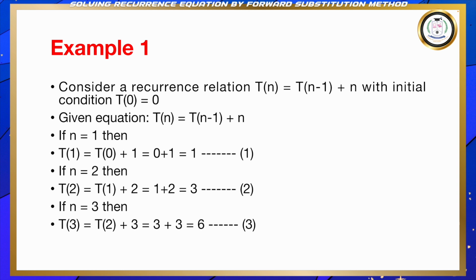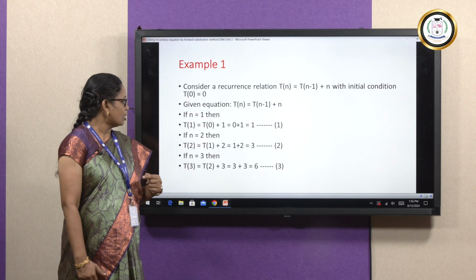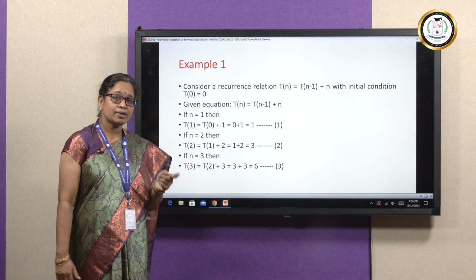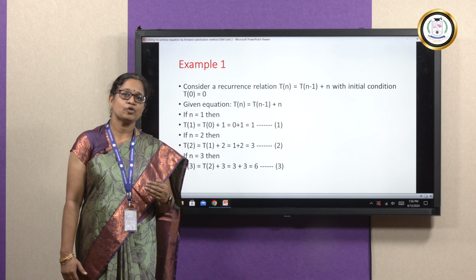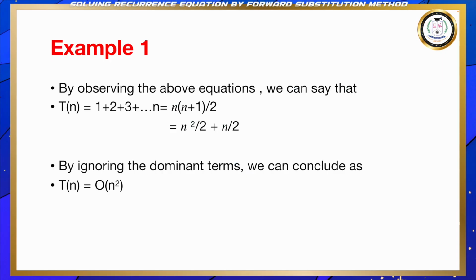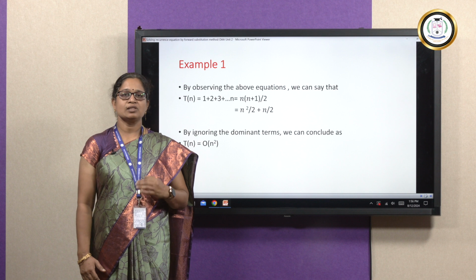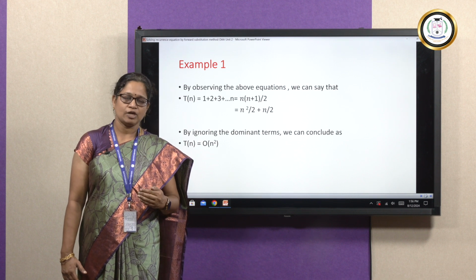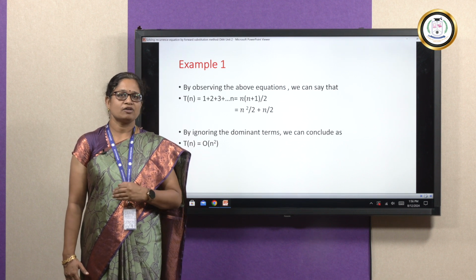That is T(1) = 0 + 1, T(2) = T(1) + 2, that is the previous term value plus the current value. What will be T(n) now? T(n) will be equal to T(n-1) + n, that is the previous term value plus the current value.